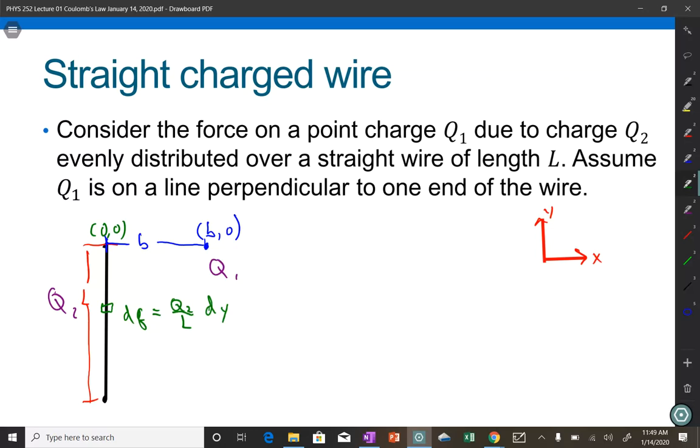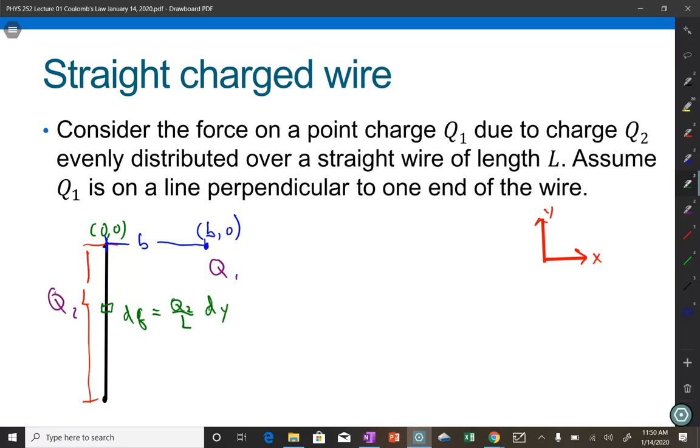And now I want to identify what force vector I will have between my point at B and that little charge dq. So if Q1 and Q2, we assume they're both positive. If they're negative, then when you put in a negative number, it's going to reverse the direction. So we just assume they're both positive for starting. What direction will the force be at point B due to that little infinitesimal charge?